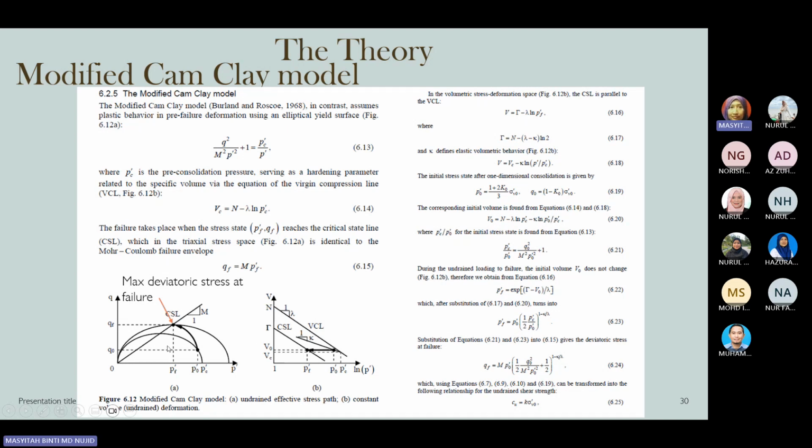Since this is not enough if you only display the q-p' stress space, you also need to include the effect of the volumetric strains. The volumetric strain or stress deformation space can be explained through equation 6.16, where the volume is equal to kappa minus lambda ln p'f, where kappa is equal to N minus lambda minus kappa.